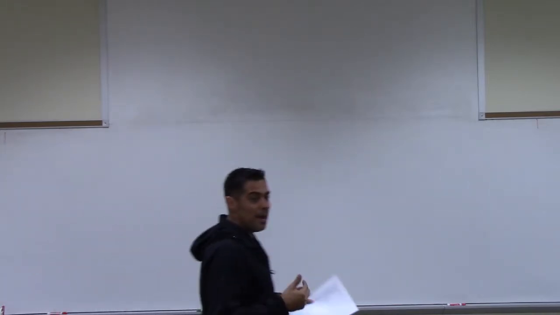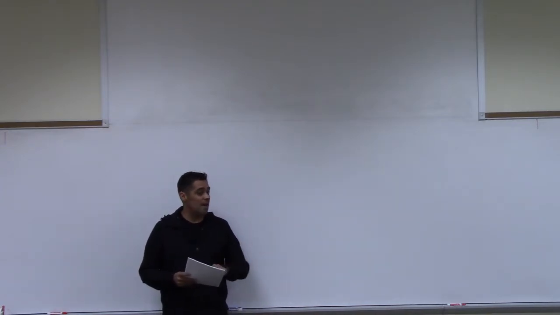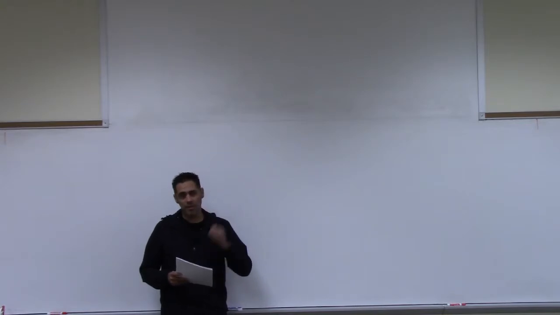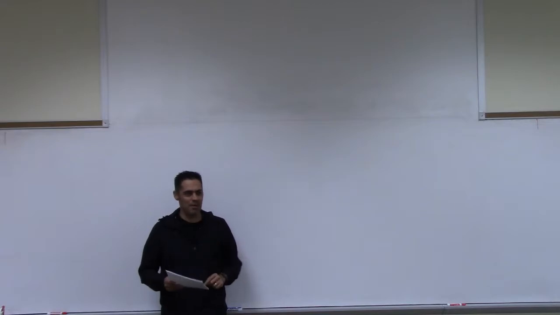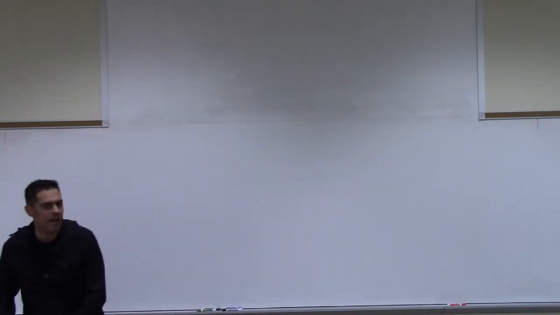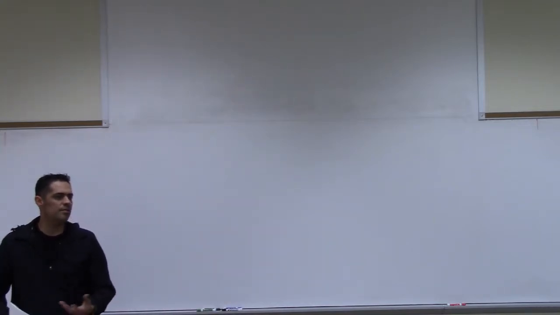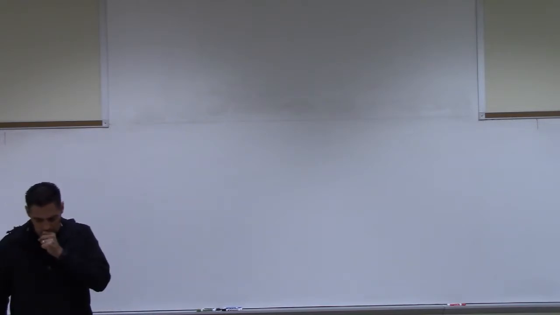I have been known in the past that if I give a review and it's a problem out of the book that has not been assigned before, I've actually put that problem on the test. You know what I'm saying? So if I assign number 53 for homework and I put number 54 on here, number 54 appears on the test, exactly the way it was written. That's my way of gauging, are people actually going to do this, review this? If you do, then you might see the exact problem on the test. All right.